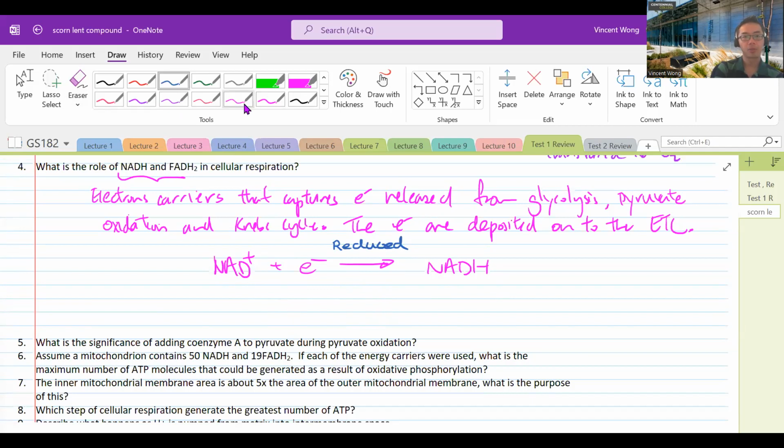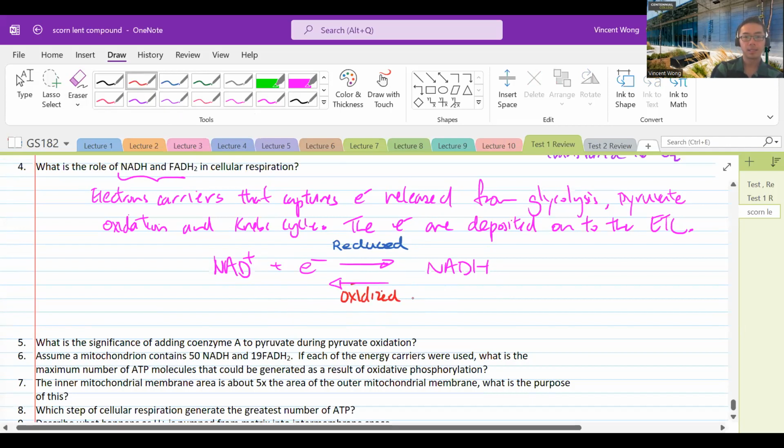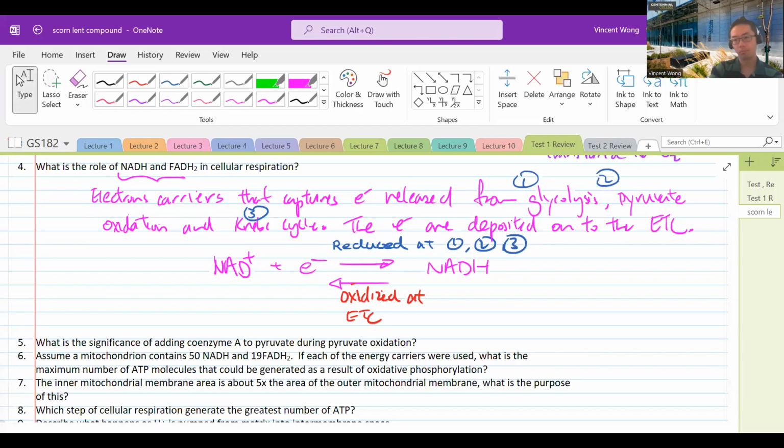Because it's picking up electrons, and at the ETC, it's going to go the other way around, which is going to be oxidized. Oxidized at the ETC, and reduced at various steps, 1, 2, and 3. Same thing for FAD. So you must know when it is reduced and when it is oxidized.